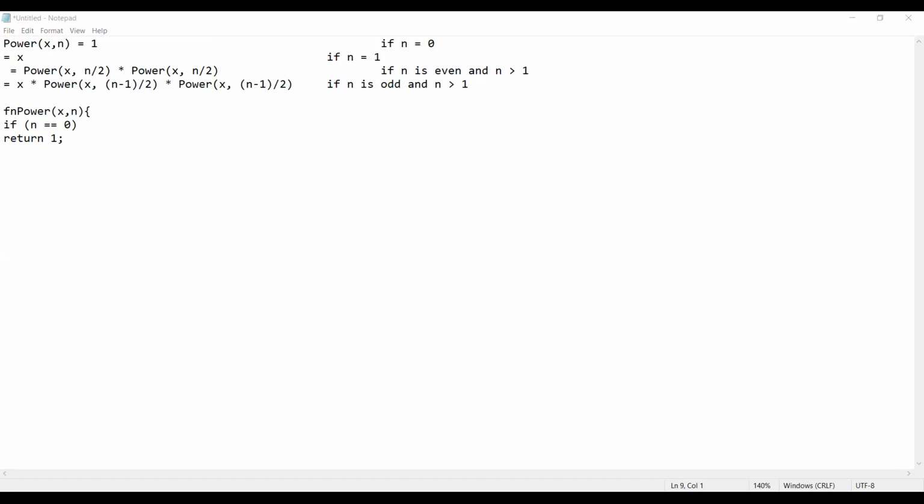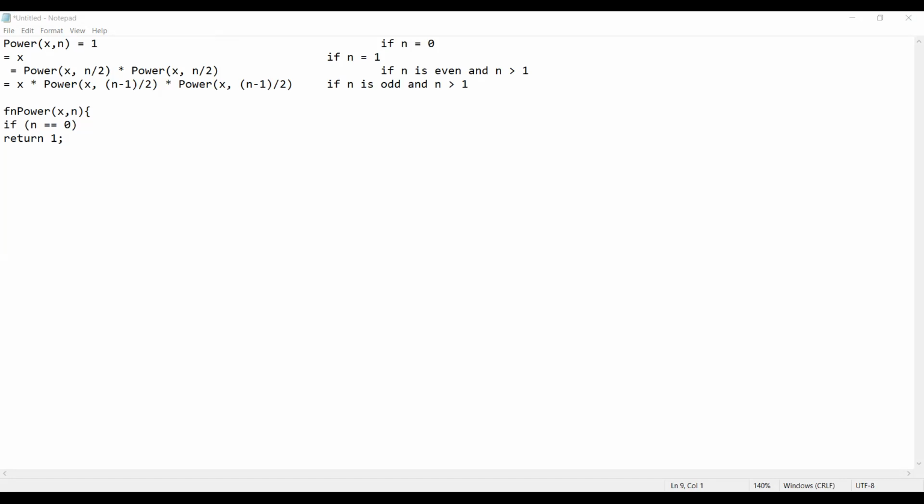Otherwise if n equals 1, this is also another base criteria. So in this case it will return x. Now look, the basic difference between factorial of a number and the exponential power is that here for n value 0 and n value 1, we get different values. But in the factorial case, for n value 0 and also n value 1, it will return the same value, which is 1.